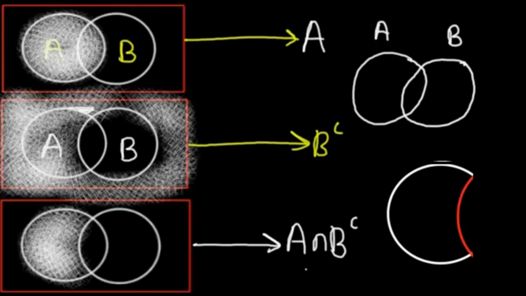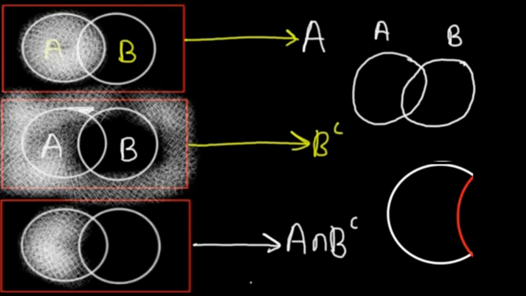Now, if we are left with something like this, I want you to pause the video and compare what we are left with to the earlier result. Are they the same or not? The answer is yours. It turns out that the results are the same. The little portion we are left with is still the same as A intersection B complement.